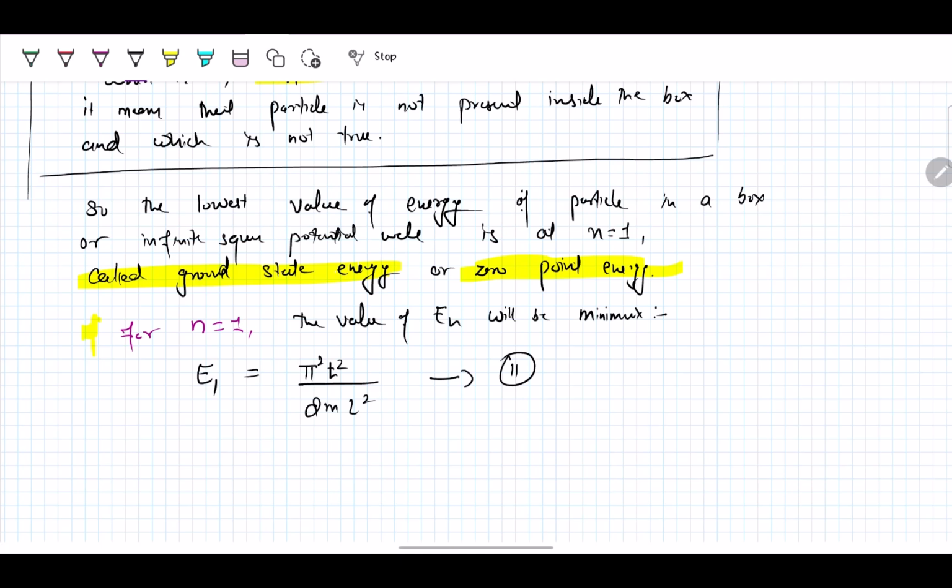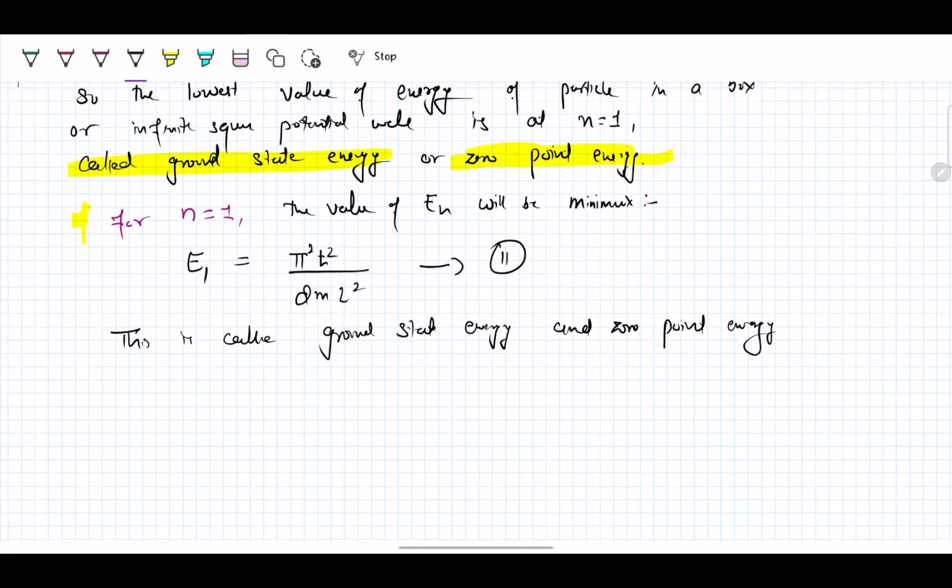All right, this is called ground state energy and zero point energy, right? And the corresponding higher energy states are called excited energy states, right?